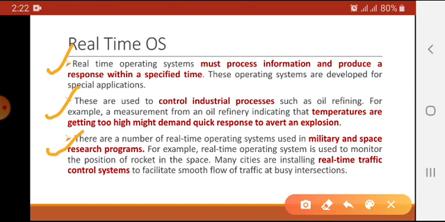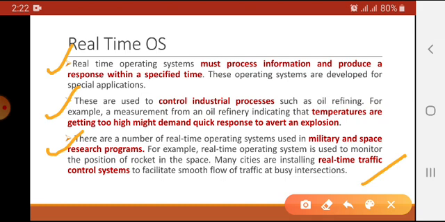Here we have discussed the real-time traffic control system. What does it mean? We have seen that traffic signals are installed on various busy main roads. Each signal will be green for some specific time, for example, let's say 1 minute. Whether some traffic is coming or not, the signal will remain green, and on the rest of the sides, it is red.